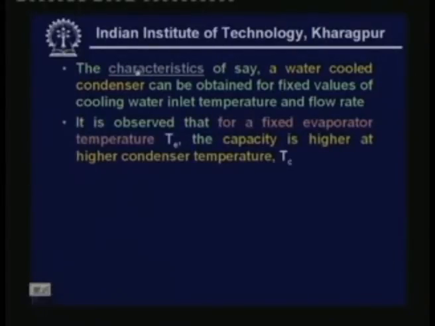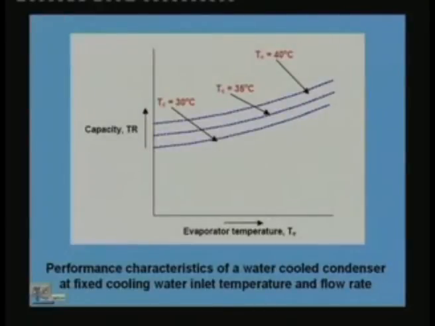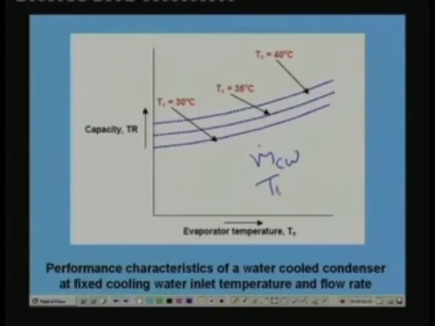So let me show the graph first. This is the typical performance characteristic of a water cooled condenser at fixed cooling water inlet temperature and flow rate. That means here the mass flow rate of cooling water and the cooling water inlet temperature are fixed.